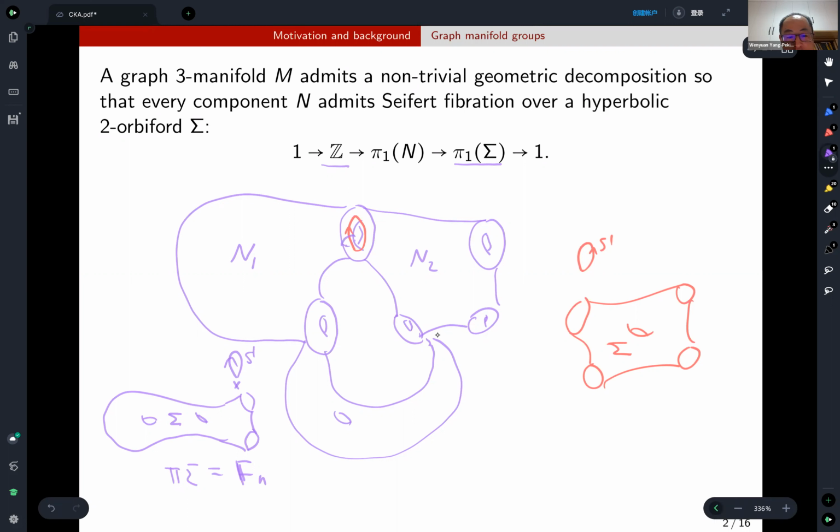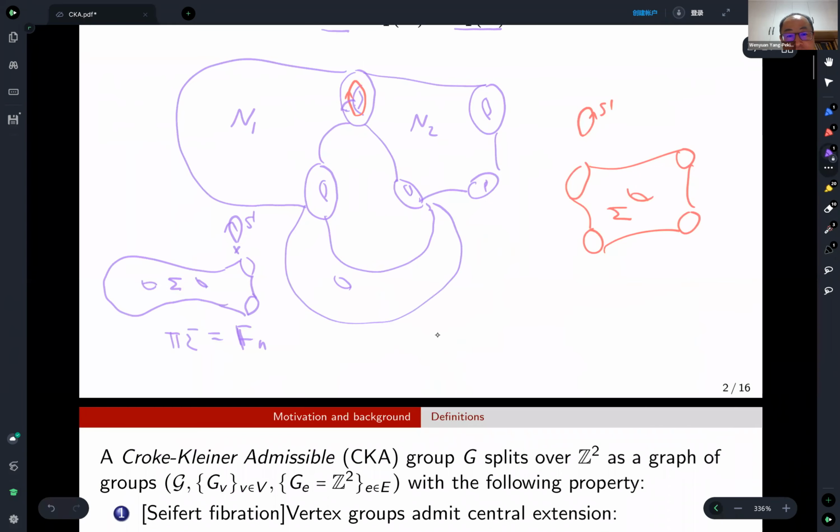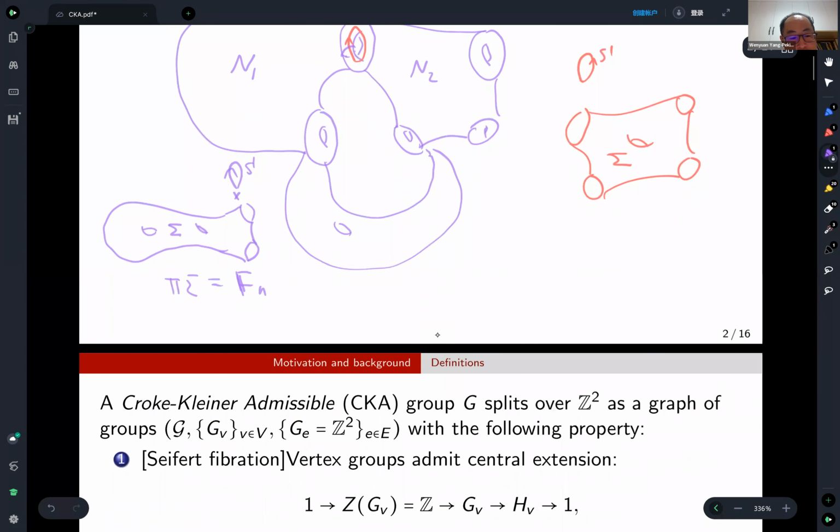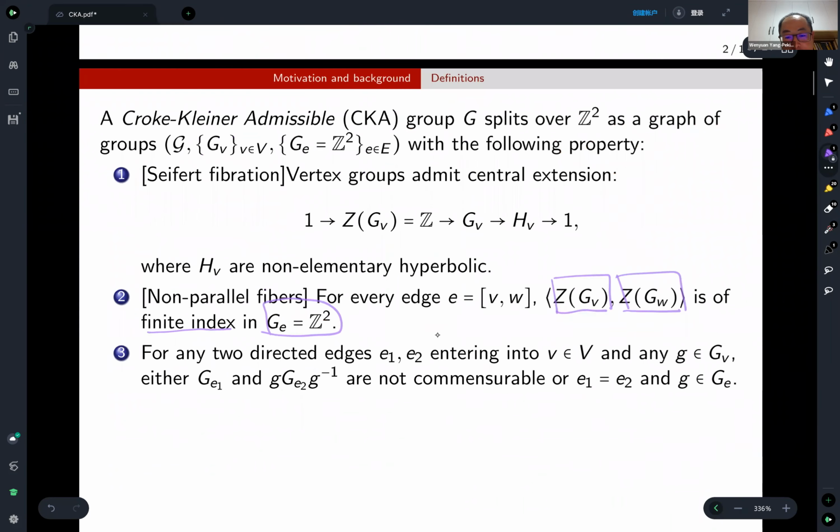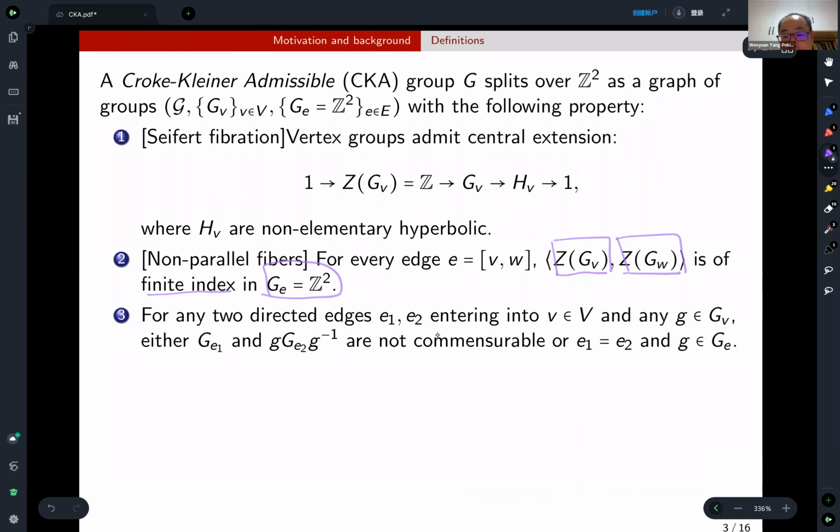Otherwise, we can delete this torus and combine them, taking the union of these two pieces. So we don't want the fibers to be parallel. So this second condition just makes this explicit. We require the two center groups to generate a group of rank 2, in other words, a finite index subgroup in the edge group.